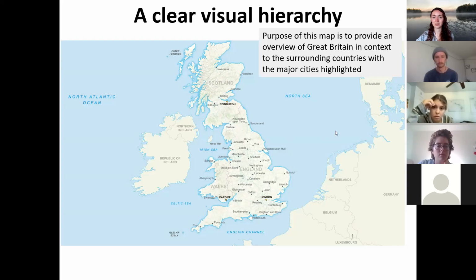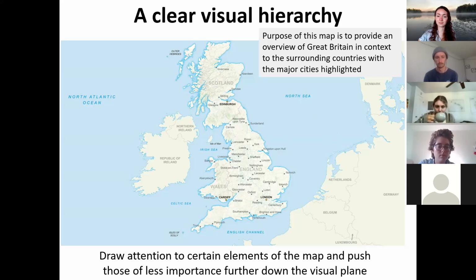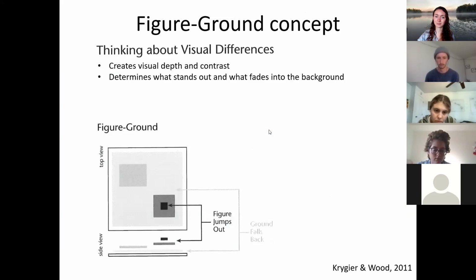I would say if the water bodies aren't super important to the goal of this map, they could probably make that text a little lighter because it does stand out a lot. So the goal of this is to draw attention to certain elements, the ones that are most important to you, and let the rest sort of fall into the ground. So this is the whole idea of the figure ground concept.